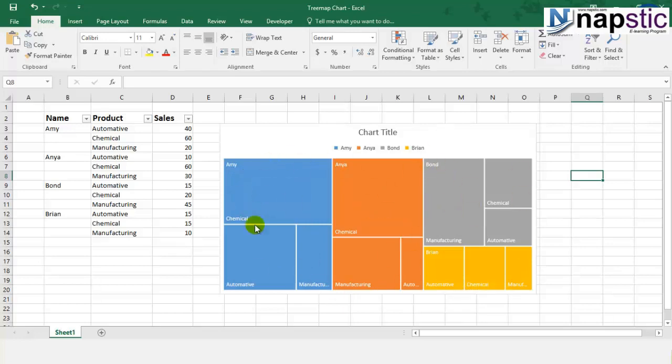There's no internal comparison, but we are comparing each person only with their own contribution. So Ami's contribution to chemical is compared to automotive and manufacturing, right? So this is giving us a clear visual of each employee contributing towards which sector, towards the higher side and towards the lower side, right?